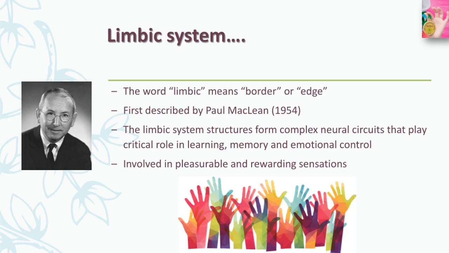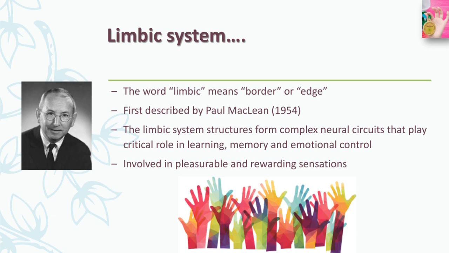And the word limbic means border, because the structures that make up the limbic system form a border of sorts around the brainstem, and in various combinations the limbic structures form complex neural circuits that play a critical role in learning, memory, and emotional control.